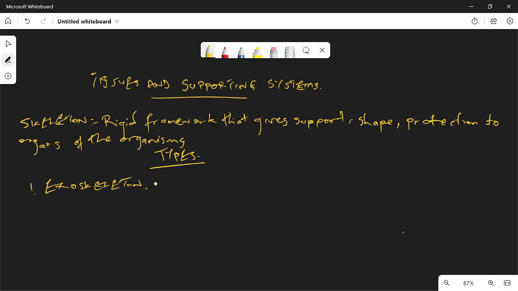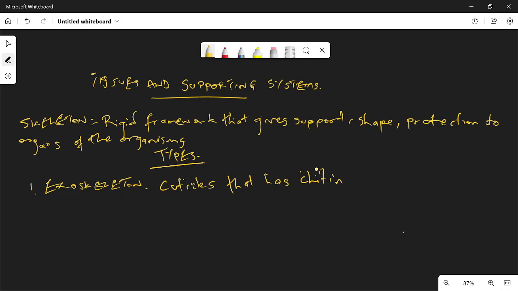The exoskeleton is richly made of something called the cuticle, that has chitin. Can you remember that? I said that chitin is a proteinous substance, isn't it?